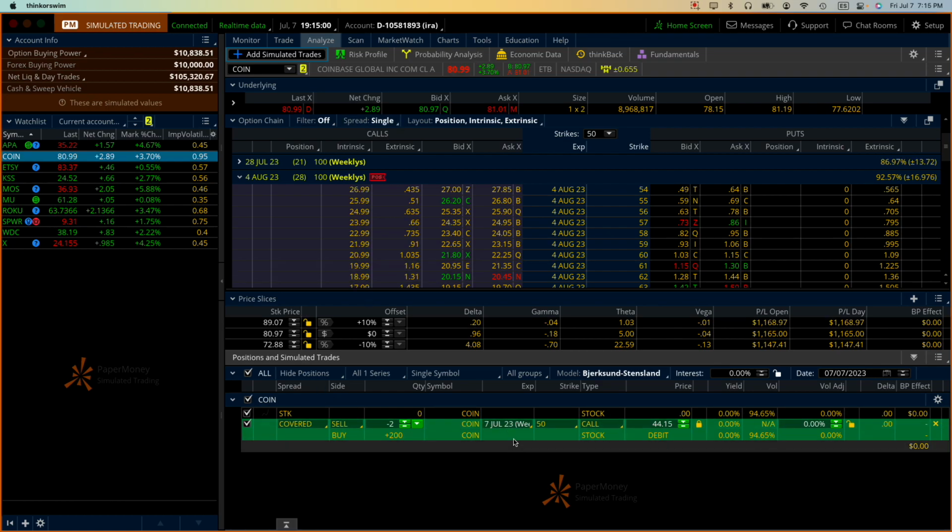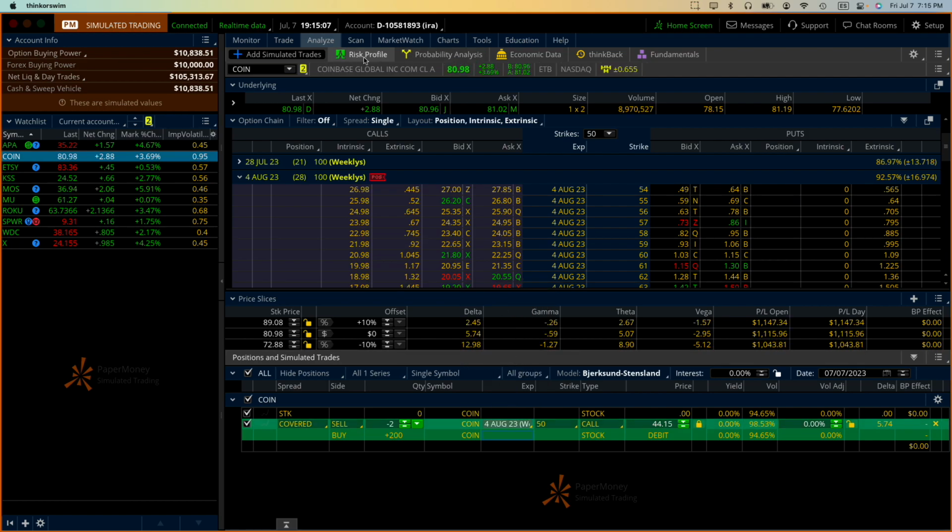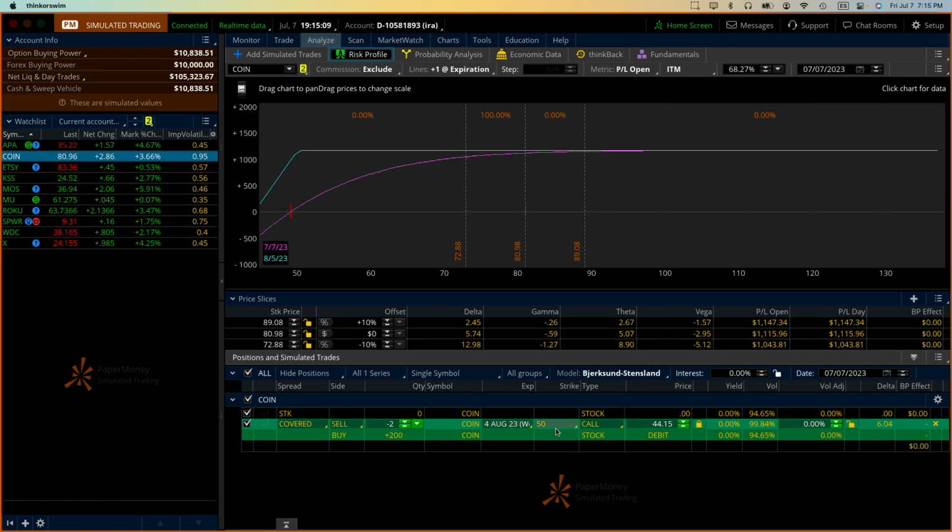That's why it was giving me an excessive value. I needed to change this to August 4th. Oh, okay, that's more. This was more than I thought. So my expected profit is 11.70 for the two trades, which makes more sense, about $50. All right, so what are we going to do?